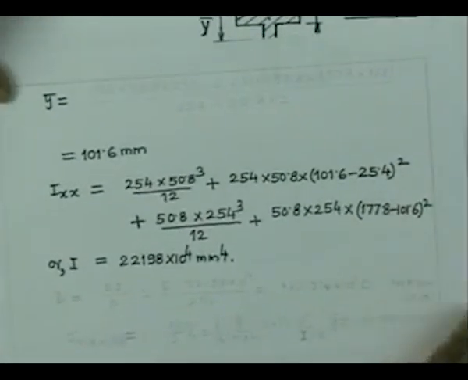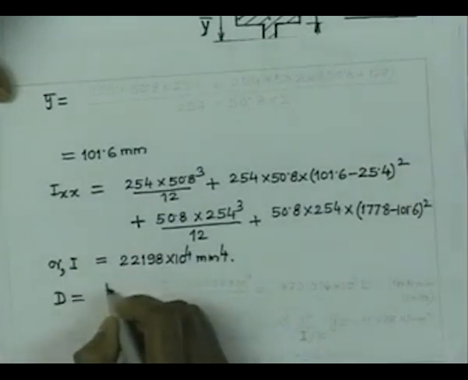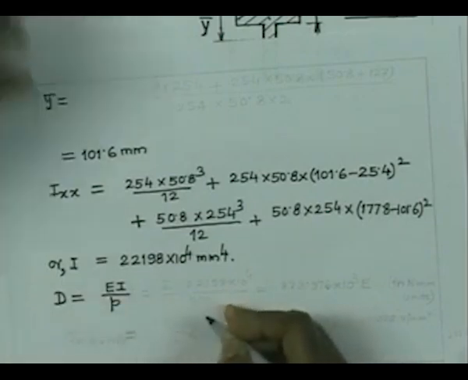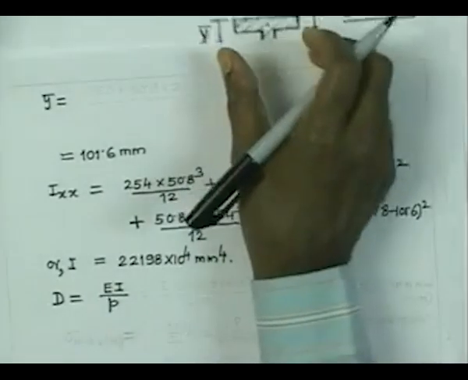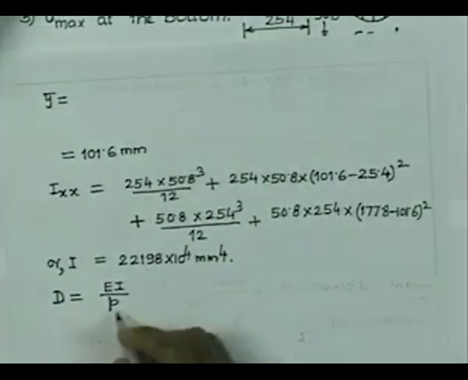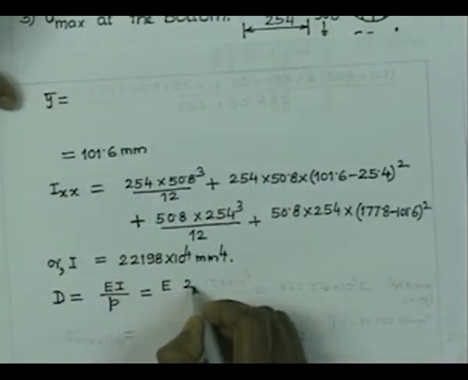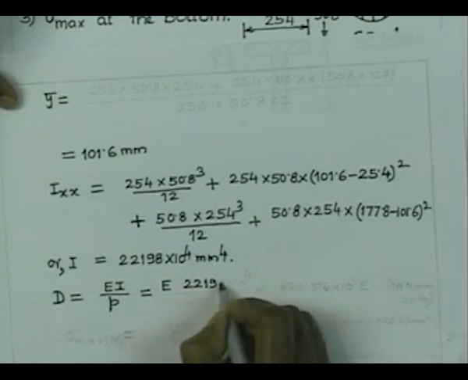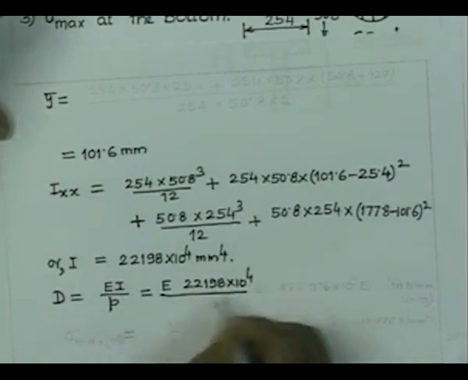Now, this D is nothing but EI by P, the pitch distance. So, it is the moment of inertia per unit length, and we are considering a pitch distance of 254. So, now we can find out this D. It is E into 22,198 into 10 to the power of 4 divided by 254.